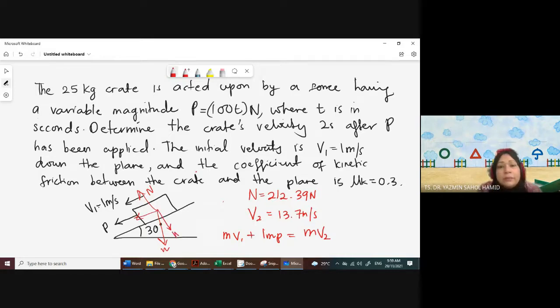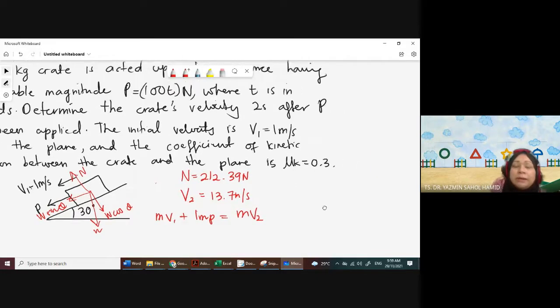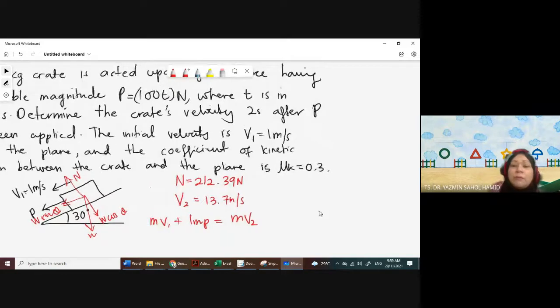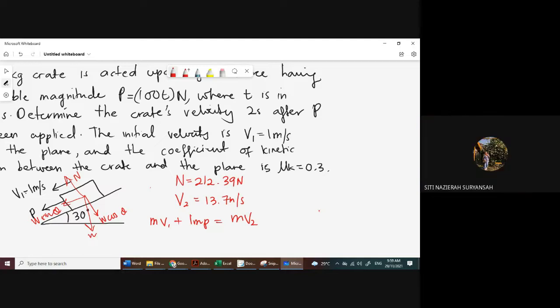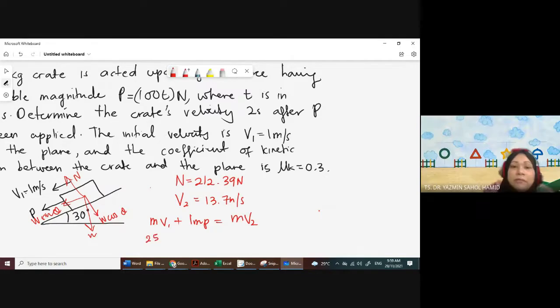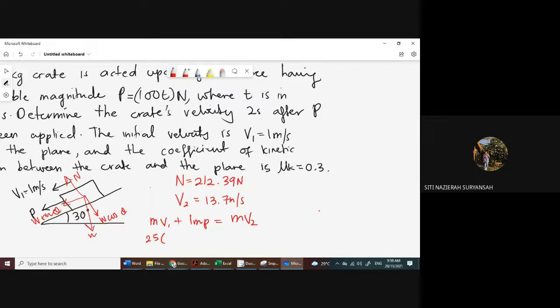W cos theta ni, W sin theta. Kenapa kita perlukan normal force tu? Sebab kita nak dapatkan V2 kan? So apa formulanya? MV1 plus impulse. So apa kita punya mass? 25. V1 kita berapa? 1.